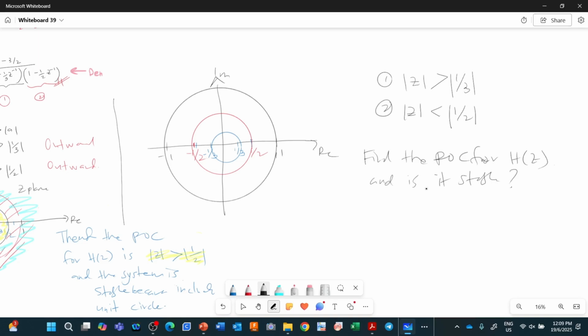Try to sketch Z more than 1/3, which means outward. Z less than 1/2 is inward. Find the two sketchings that overlap.